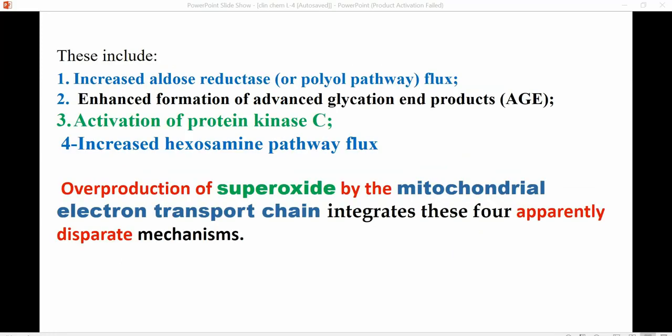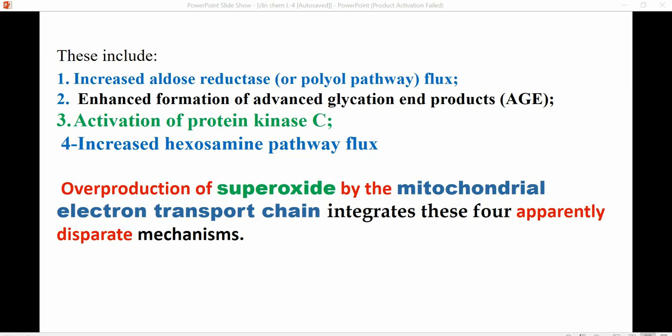Among the hypotheses that have been considered, the pathogenic mechanisms for the development of these complications include, first, increased aldose reductase or polyol pathway activity; second, enhanced formation of advanced glycation end products; third, activation of protein kinase C; and fourth, increased hexosamine pathway flux activity.